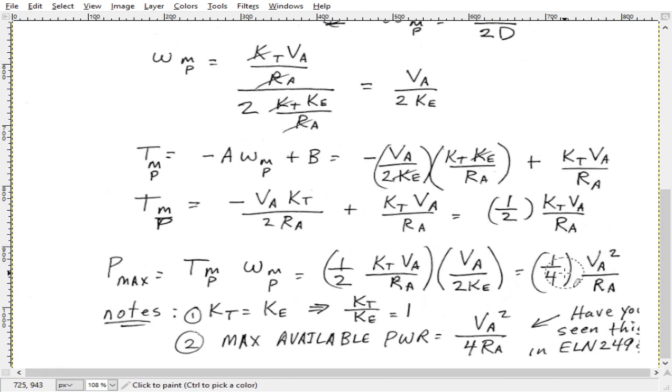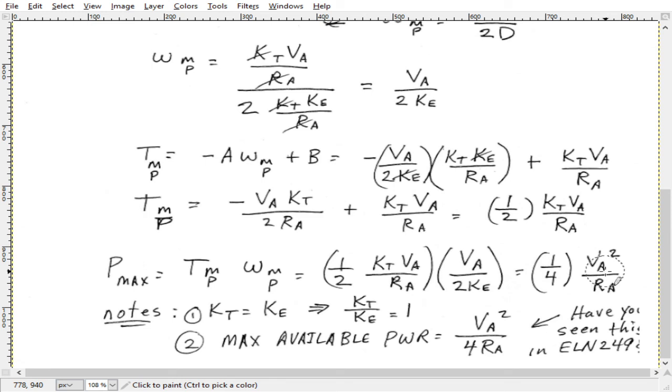You saw this when we were doing radio communications, and we had a source with an internal impedance, and we wanted to know what load resistance we could attach to that generator and get maximum power output. And it was always the voltage of the source squared divided by 4 times the internal resistance of the source. So this is the maximum power that we can get from this particular motor.